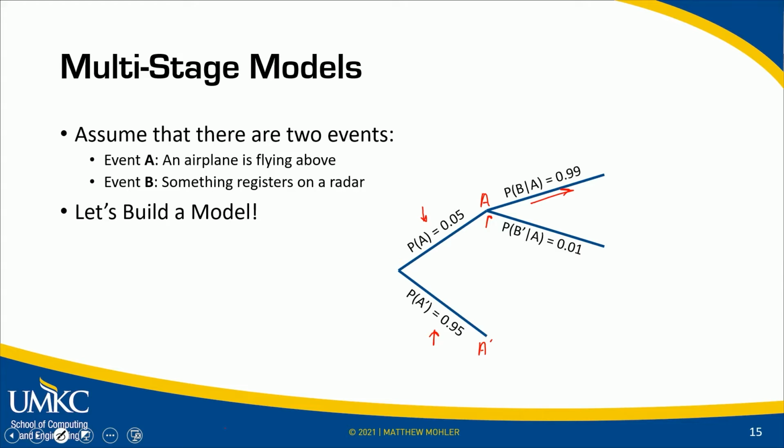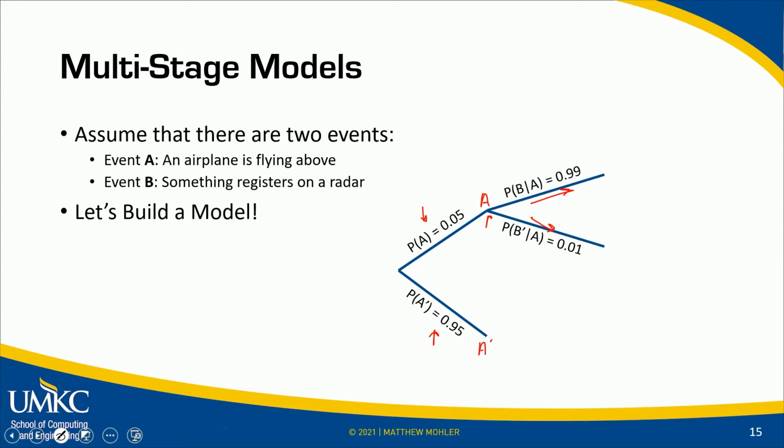So the probability of something registering on a radar in this case, given that we've already determined there's an airplane flying above, well, let's say that's 99%. And then the probability, again, has to sum to 1 here. The probability of nothing registering on a radar, given that there is an airplane, we'll say is 1%, or 0.01 probability.